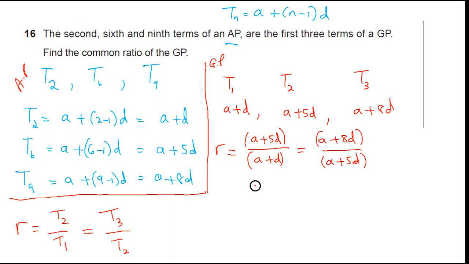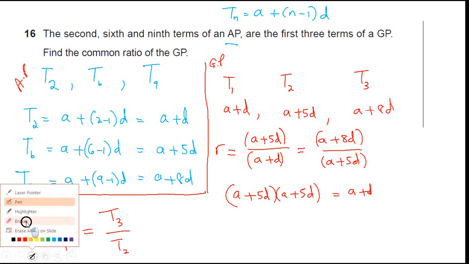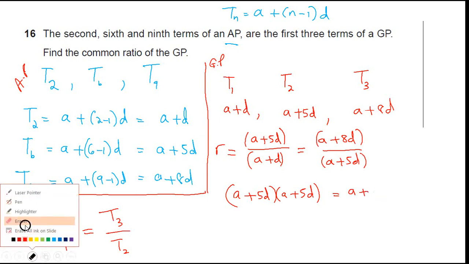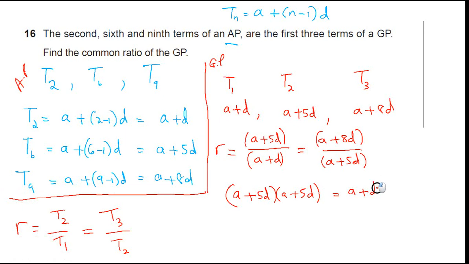Now we cross multiply. So I'll have A plus 5D times A plus 5D equals A plus D, but don't forget to put them in brackets, times A plus 8D. Now I think we know how to multiply out binomials.